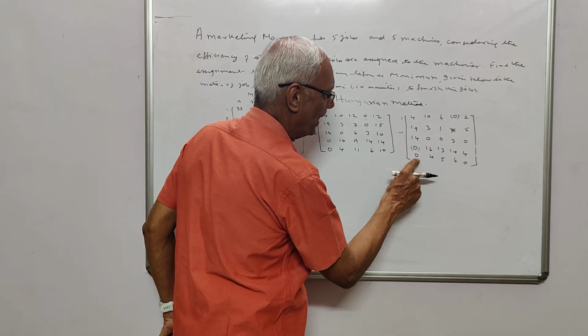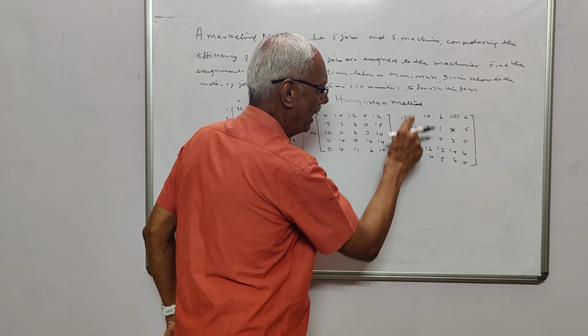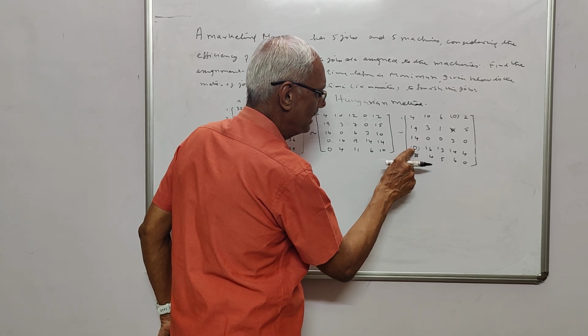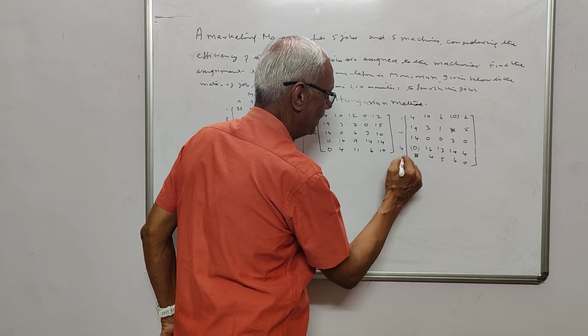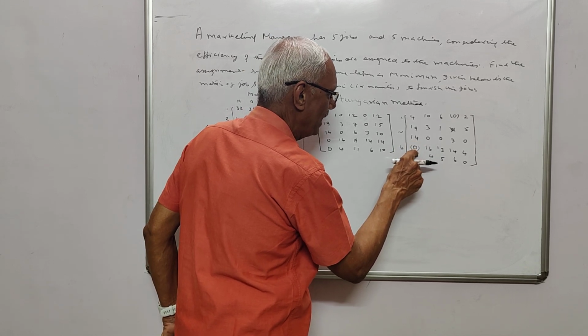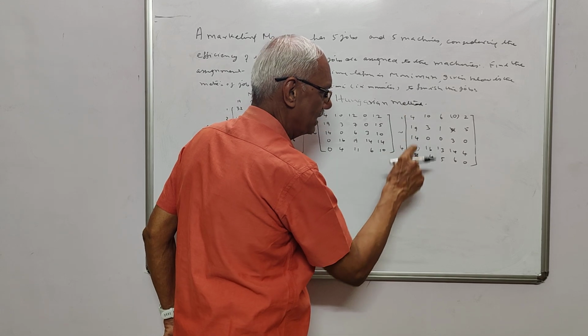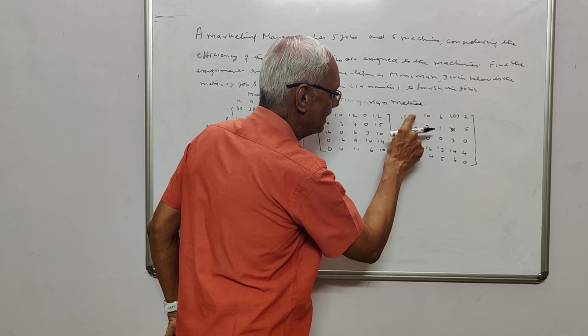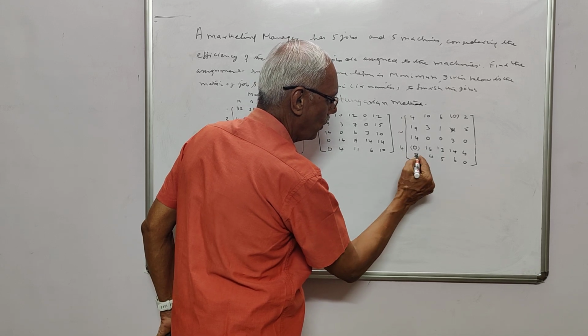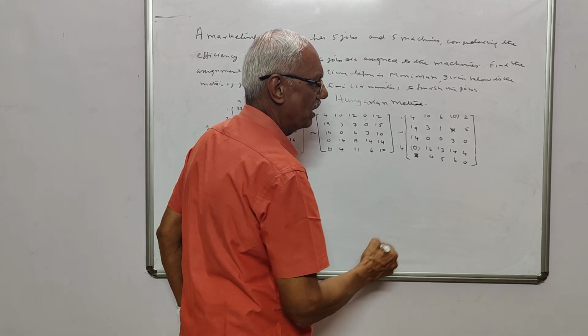As I told you, if you find any zeros up and down, just mark them for the same reason. Now the fourth job is given to A, so this A machinery should not be given to any other job, and should not be given to the fifth job. To avoid that, you are marking it.